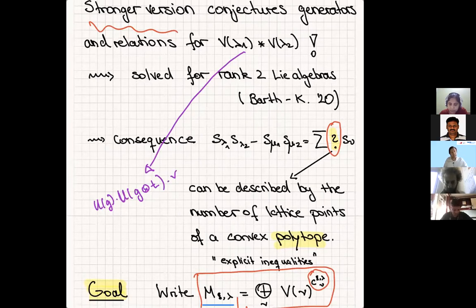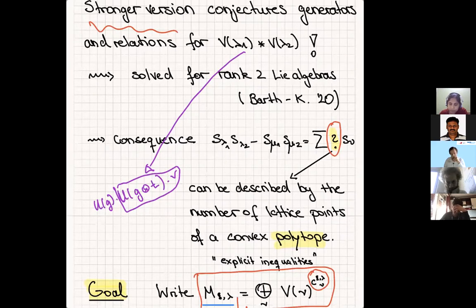And then you do Gröbner theory for this part to come up with a highest weight element. So instead of basis elements, you get highest weight elements, and then you can index them by these polytopes, more or less.